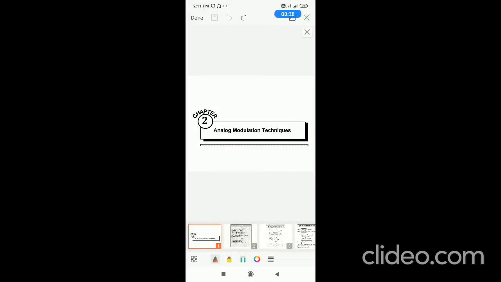Till now we studied the first chapter, that is basics of communication system and noise, and yesterday we started analog modulation techniques.